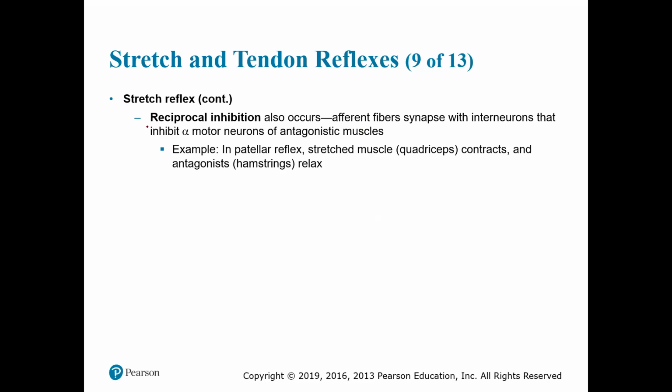Now, reciprocal inhibition or innervation, whatever you want to call it, means that if the quadricep is the agonist, and that's the main part of the reflex arc for knee jerk, the antagonist, like the hamstrings, has to relax.